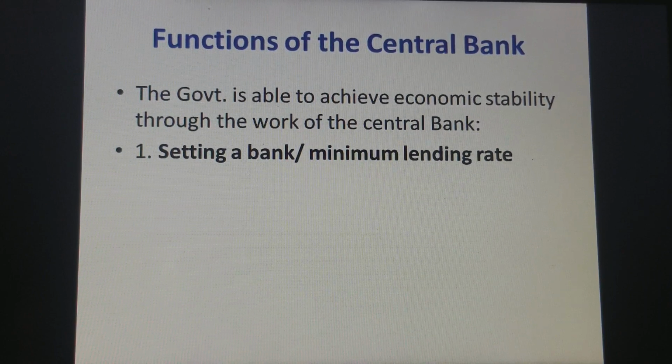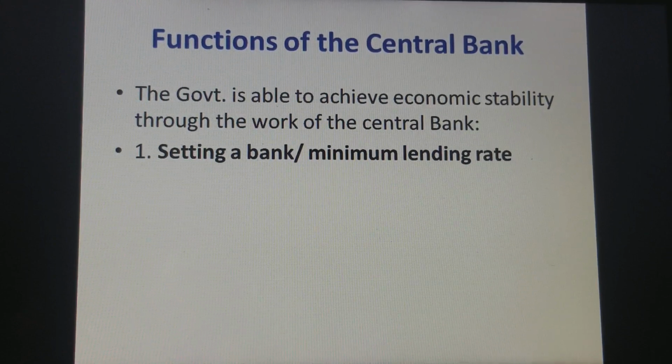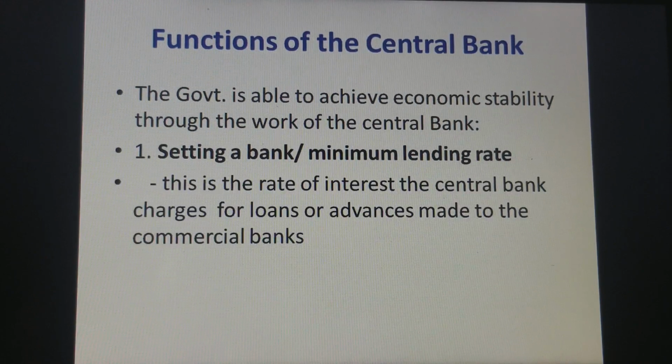How? By setting a bank or minimum lending rate. Now, this is the interest rate, right?